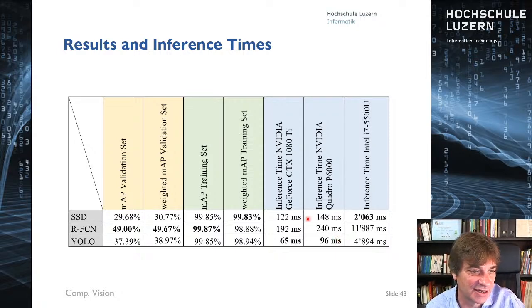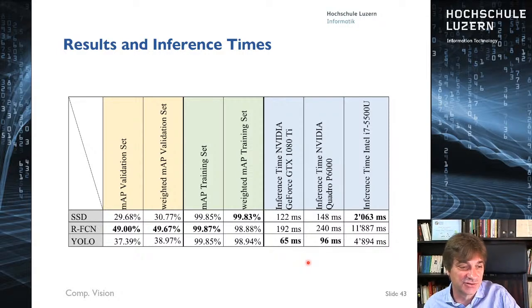If you look at the inference time, if you only do it on a CPU, the RFCN takes 11 seconds to calculate that, while for the others it takes 2 or 5 seconds. But if you do it on a GPU, it's much faster because of the convolutional layers.